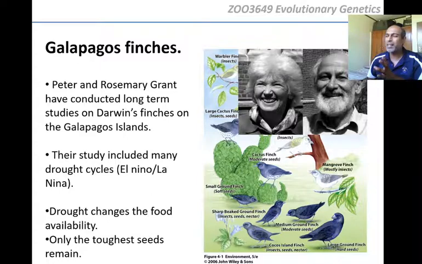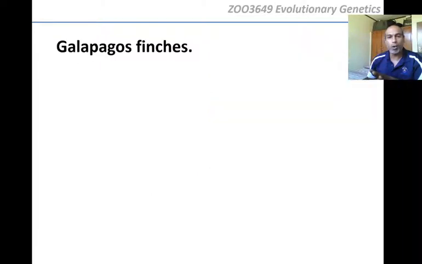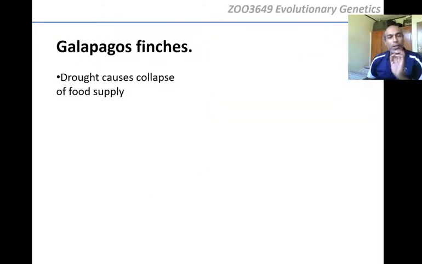Okay? All the other seeds dried up and were gone. The only things that actually remained were seeds that were the hardest. So now that is a big collapse in food supply.